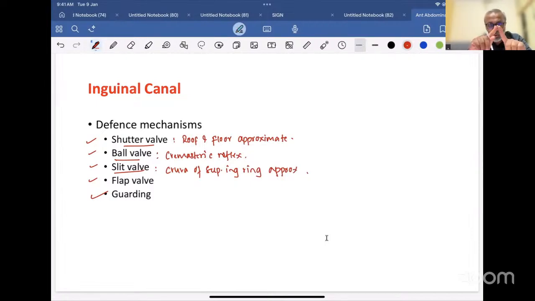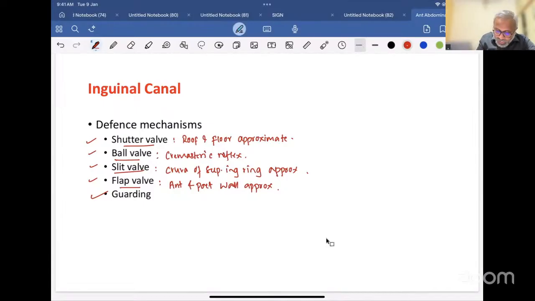So the two crura, it's a triangular opening, and this triangular opening closes. What about flap valve? Flap valve is when the anterior and posterior wall approximate because of the obliquity of the canal, right? Are we clear? So apart from this, what are the other mechanisms we need to write?